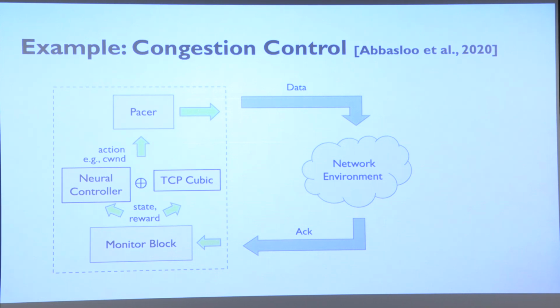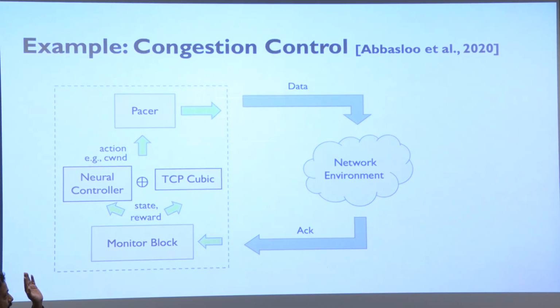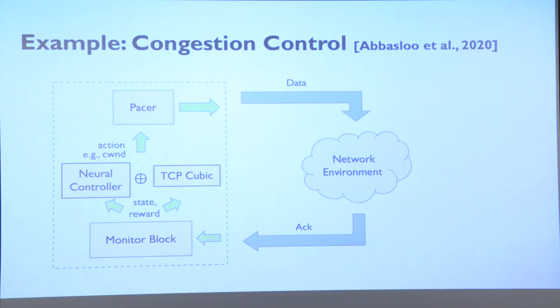Recently, there was this extension to a classic congestion controller called TCP cubic, where they added a neural controller on top of the traditional controller. And basically, the idea is that you're monitoring how clogged the network is, and based on this, you are deciding how much data to send out, how many packets to send out. But traditionally, this was done using a handwritten heuristic.